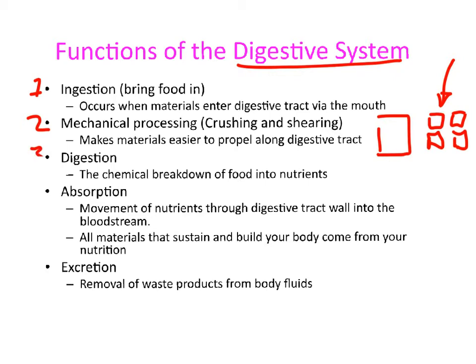We have the actual process of digestion, which is using chemicals to break down the food, the hamburger or the salad or whatever it was that you ate, into its base components, into what we would call nutrients. Simple amino acids out of proteins, simple carbs out of complex carbs, so turning things like breads into sugars, and breaking fats down.